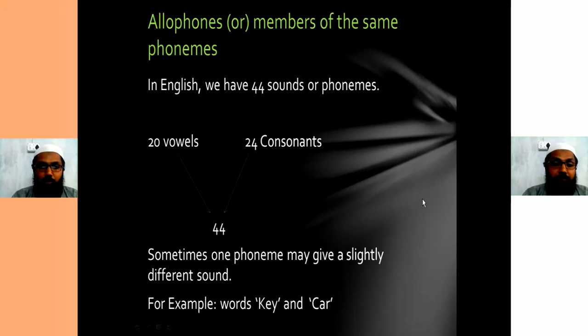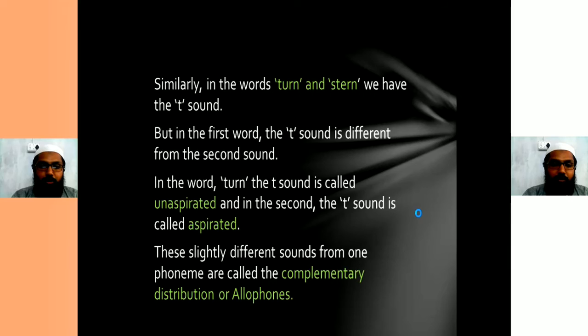Sometimes one phoneme may give a slightly different sound. For example, the words key and core. Similarly, in the words turn and stern, we have the T sound. But in the first word, the T sound is different from the second. In the word turn, the T sound is called unaspirated, and in the second, the T sound is called aspirated.